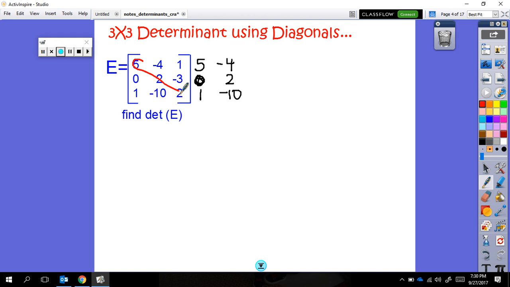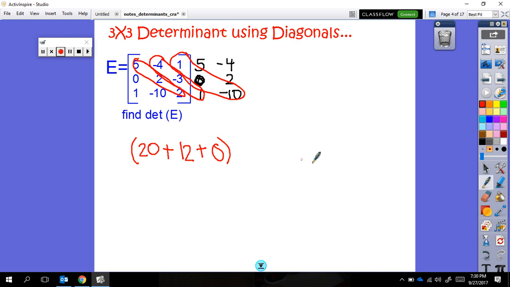Then we use our diagonals. We have 5 times 2 times 2, which is 20. I have not changed directions yet, so this is still a plus sign. Negative 4, negative 3, positive 1 is 12, plus 1, 0, negative 10 is 0.